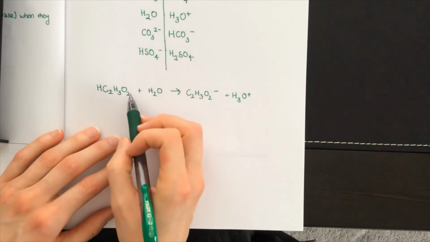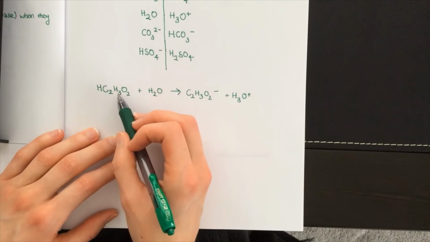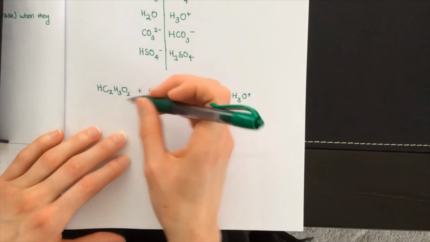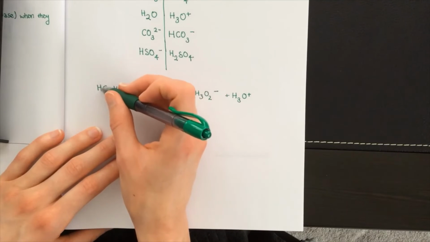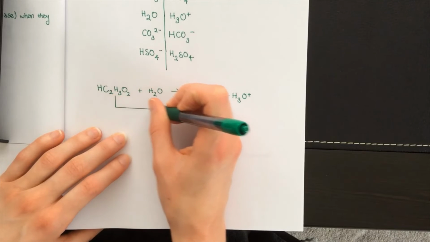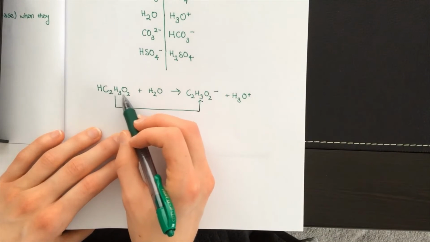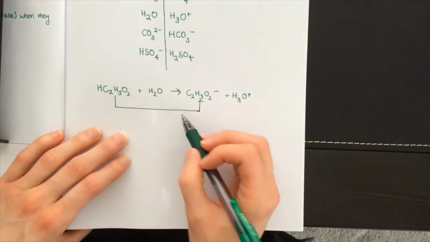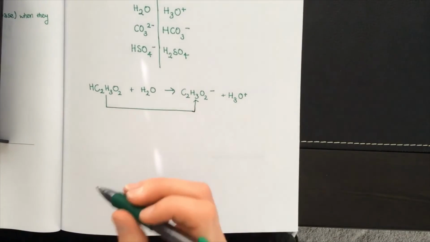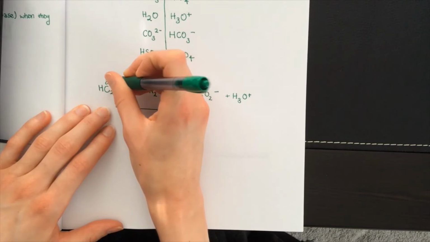You have to look at what happens to the reactants during the equation. You'll notice this guy, acetic acid, loses an H, right? Do you see how it has HC2H3O2 and now it doesn't have that H? Since it's losing an H, we know it's an acid because acids lose or donate H+.